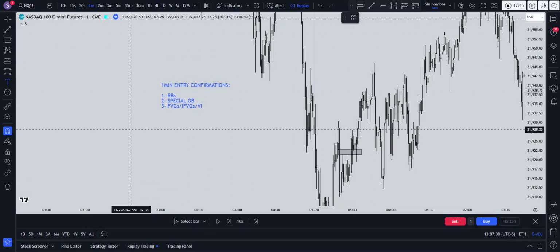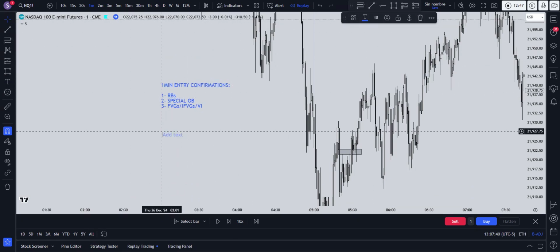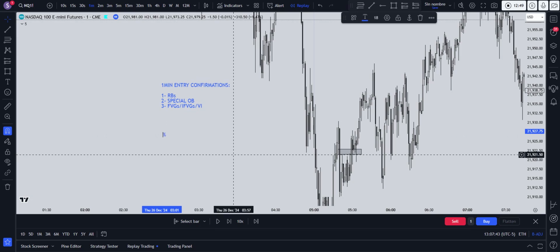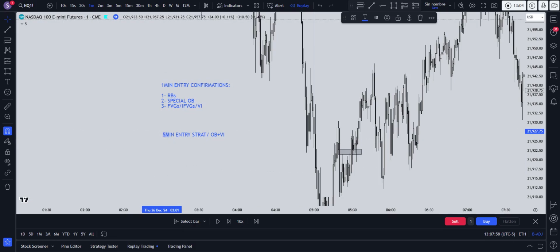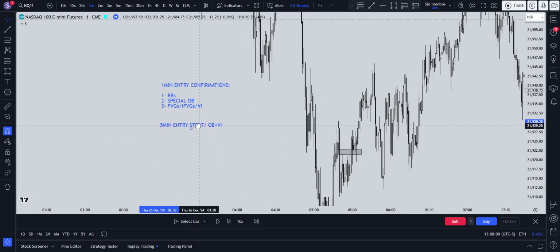And then let me put the 5 minute. It's going to be the 5 minute entry strat, which is the order block plus volume imbalance strat that I showed on the other video.